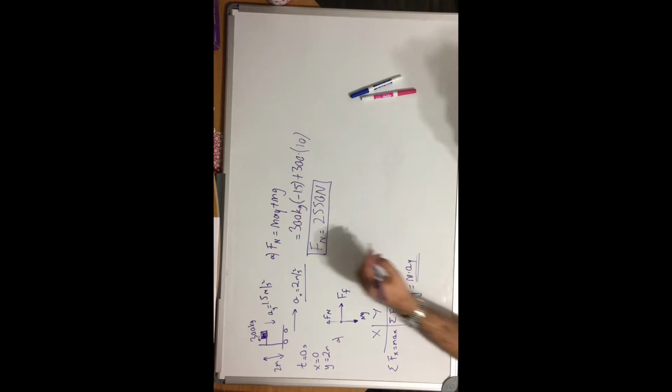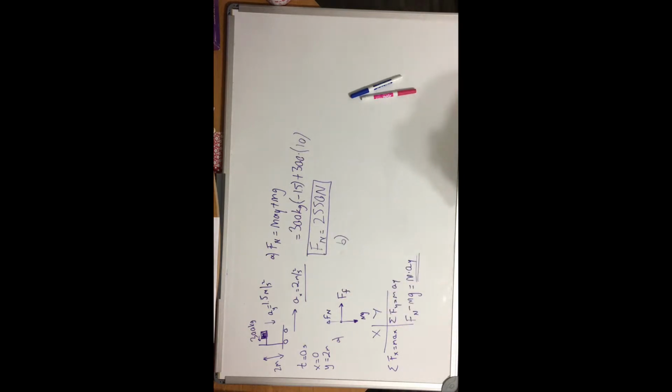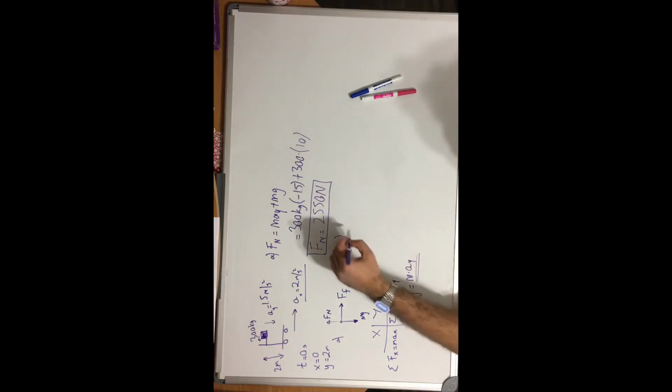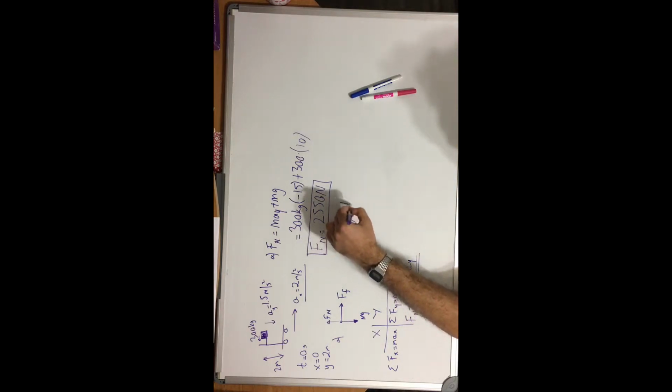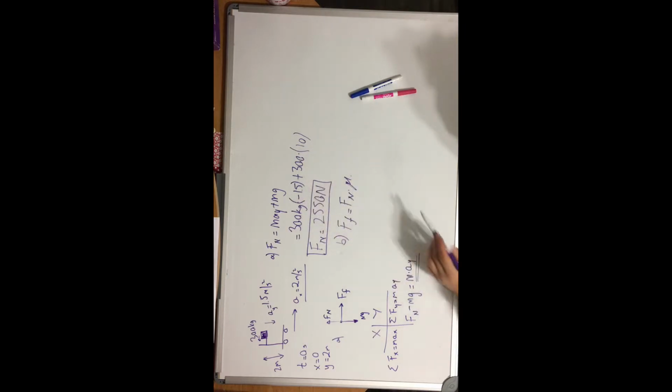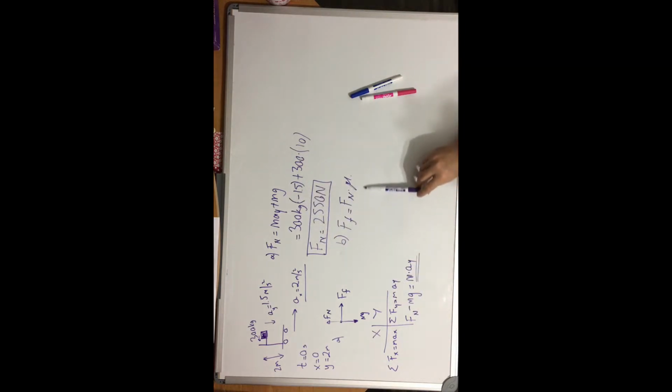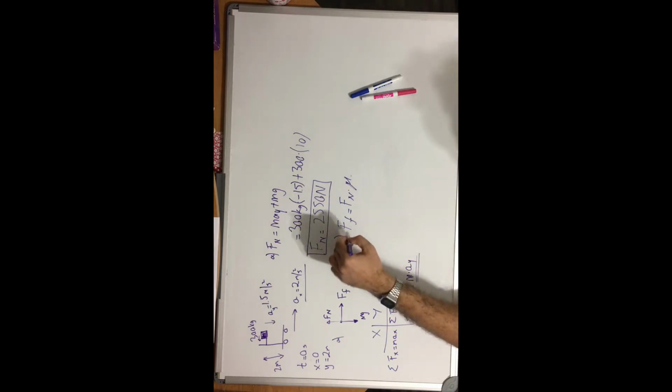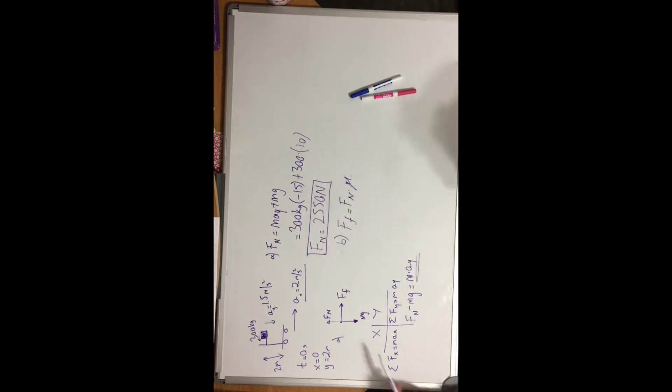In part B, they're asking for the friction force. Friction force can be found two ways actually. Friction equals Fn times mu. But here, if you go through this equation, you do not know your mu. Yes, you know your Fn, but you don't know your mu, so that is not going to be helpful for you. But what else do we have? On the x-axis, friction is the only force acting on the object. So all of the forces means friction force only, because there's only one force.